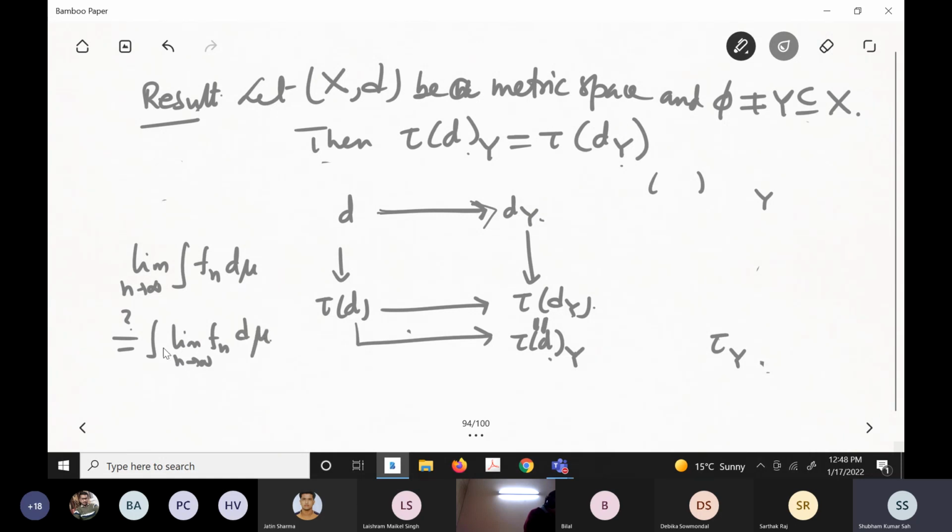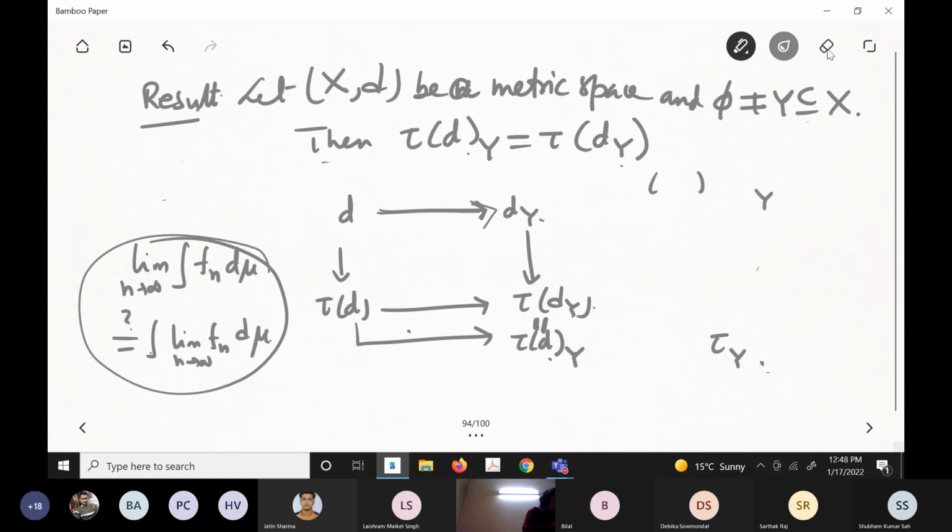That means here the integral and the limit, the two operations, when do they commute? That's a big thing in measure theory. In fact, measure theory rests on this idea. If you just force it in any situation, you will end up with a situation like 0 equal to 1. So you need some hypothesis. It's not always true, but under certain conditions we'd like to have a situation like this. Similar thing I am having here. Okay, right?